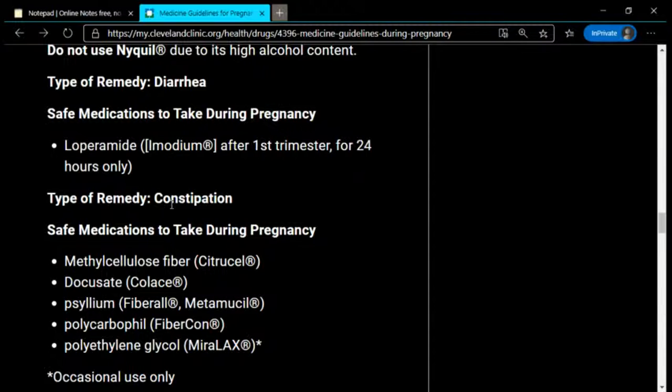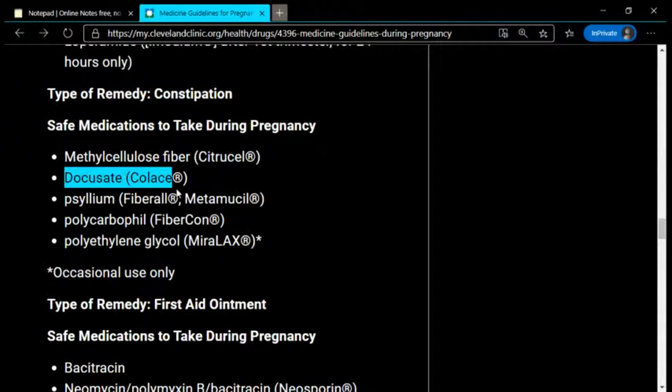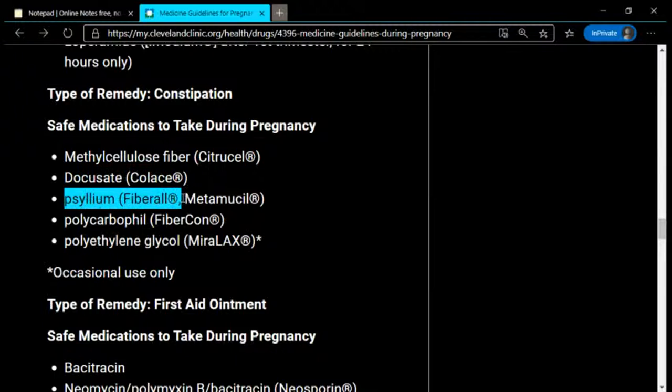Next, we have types of remedy for constipation. The types of remedies used during constipation that are safe for pregnant women can be described here. Methylcellulose fiber, citrucel, docusate, colace, psyllium, Fibrolax, and Metamucil.